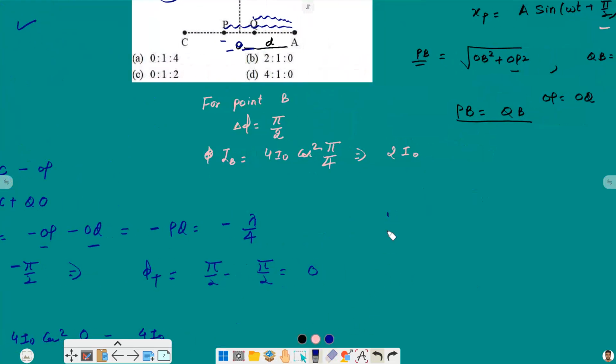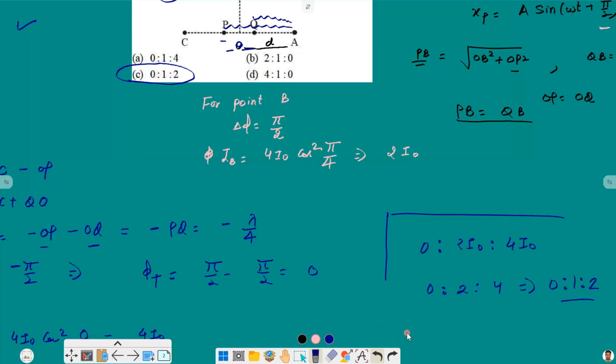So it is basically 0 ratio 2I node ratio 4I node. So their ratio will be 0 ratio 2 ratio 4, and that can be written as 0 ratio 1 ratio 2, and that is option C for us. So option C is going to be the right answer here.